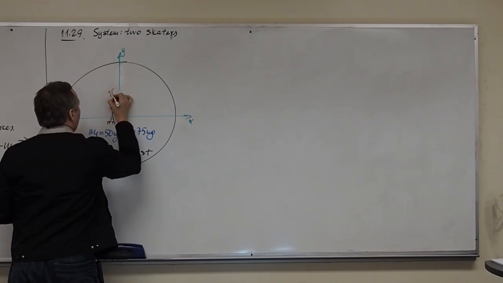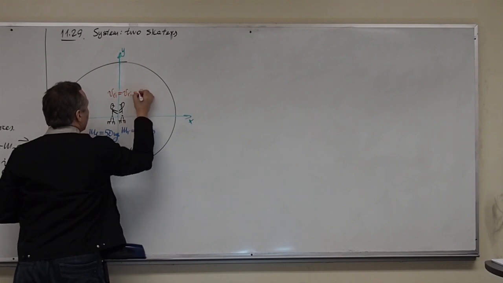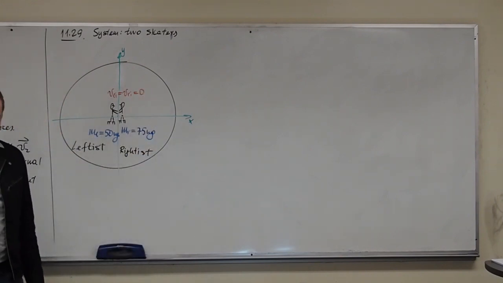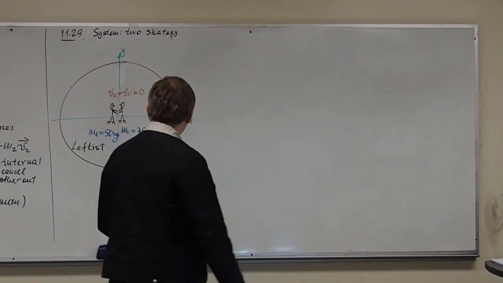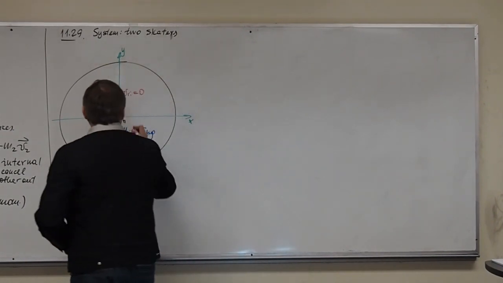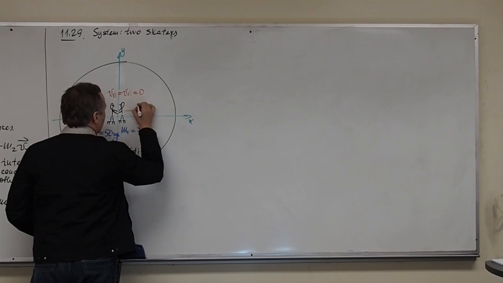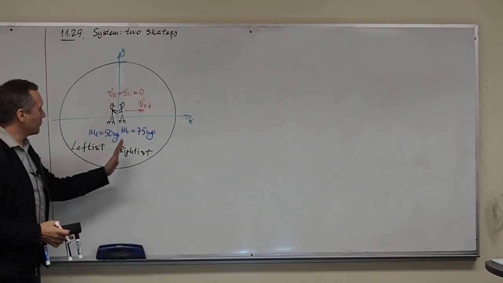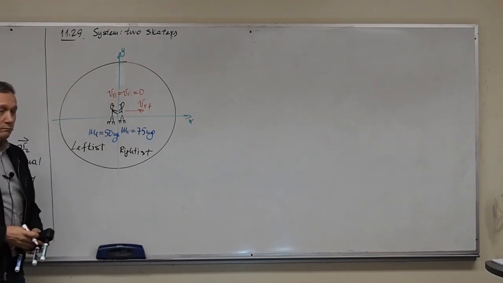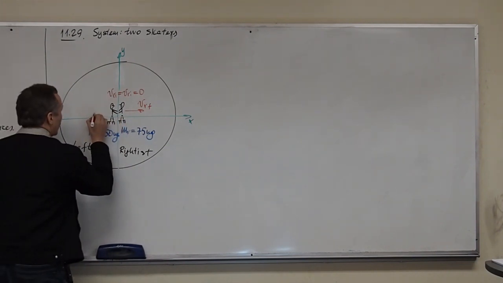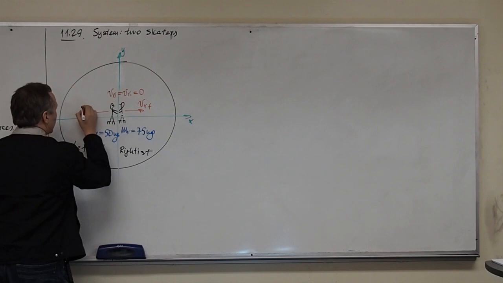So V left initial equals V right initial equals 0, because they're standing at the initial moment of time. When they started drifting apart, let's label those velocities. VR final is the velocity of the rightist after they split up, and let me label this velocity as VL final.